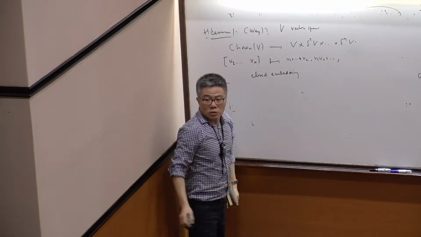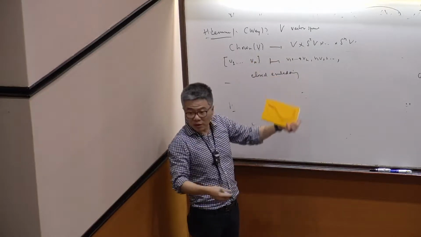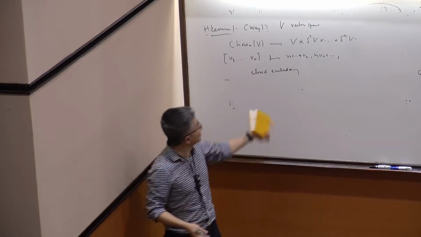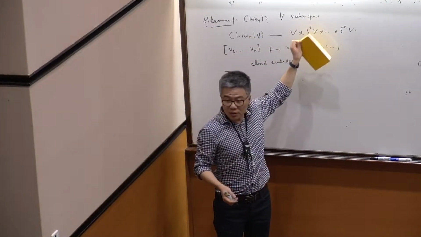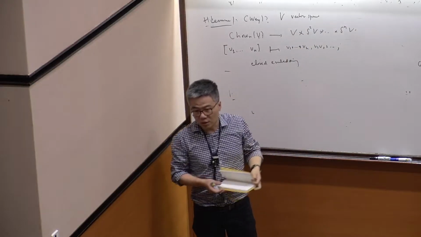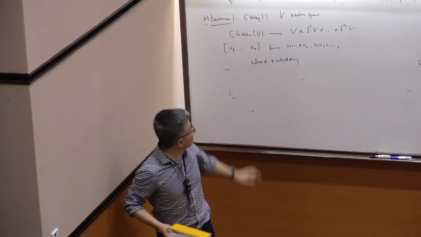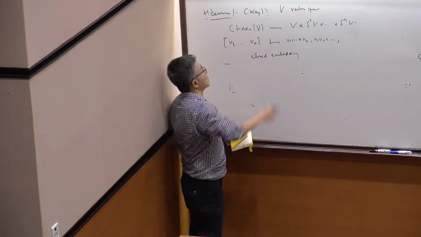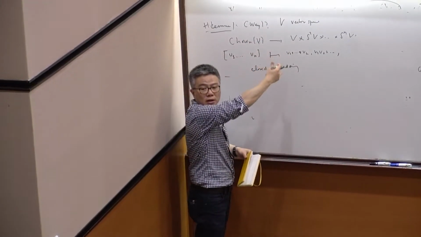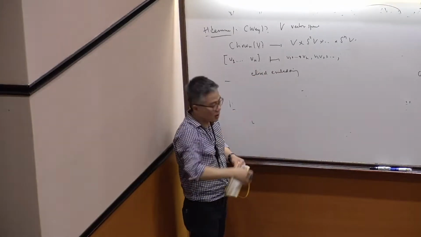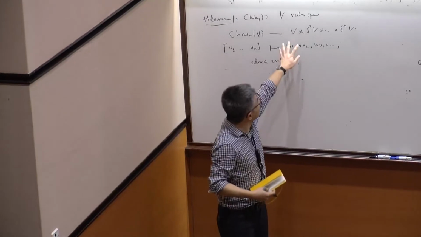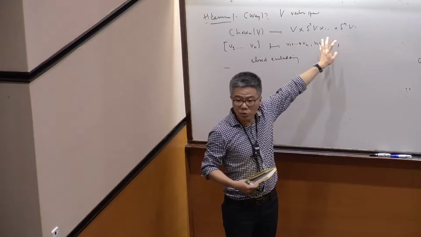So in the case V one-dimensional, this is the usual thing. You have n numbers and you take the characteristic polynomial. This is an isomorphism: the ring of symmetric polynomials is a polynomial ring generated by these elementary symmetric polynomials.